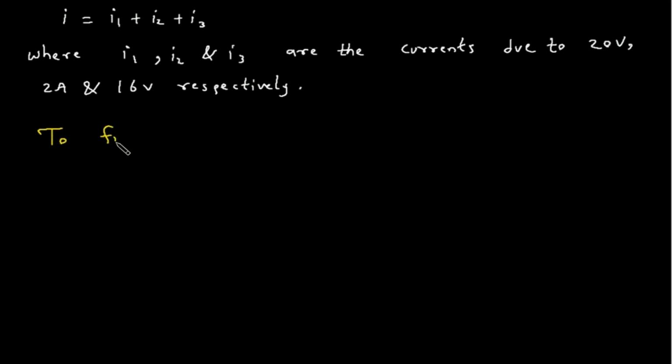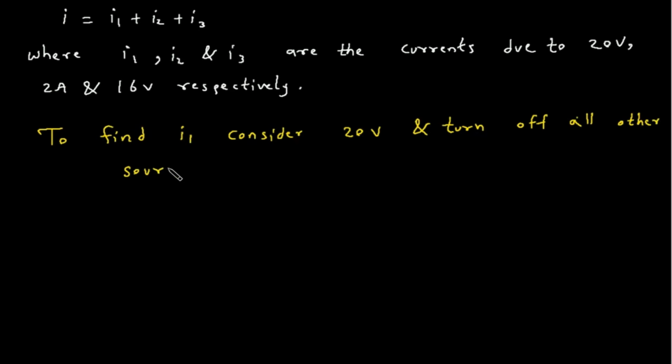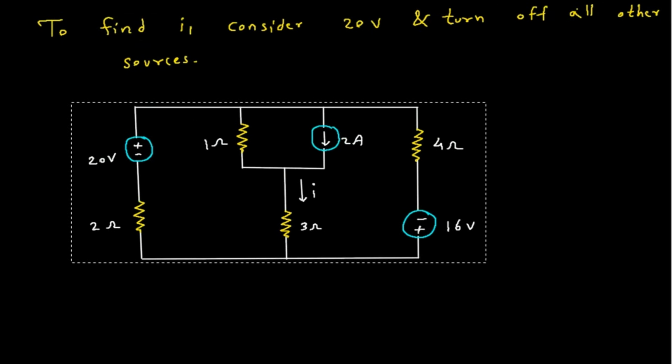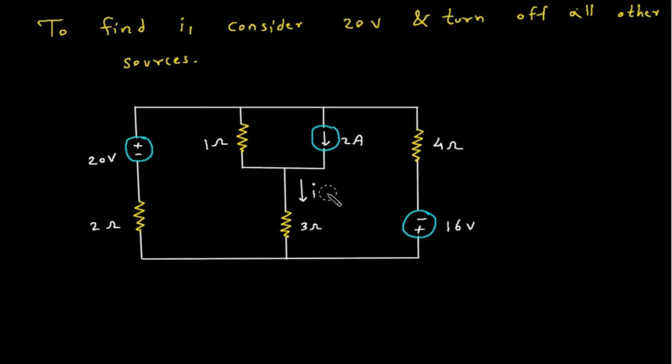To find I1, consider 20 volt voltage source and turn off all other sources. So this I will be I1 and we are turning off all other sources except 20 volt.